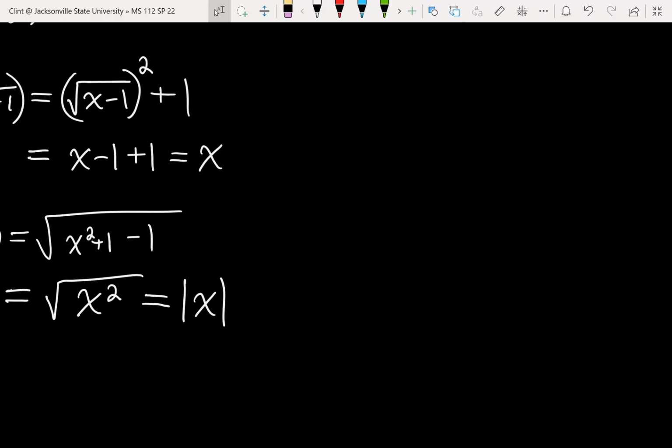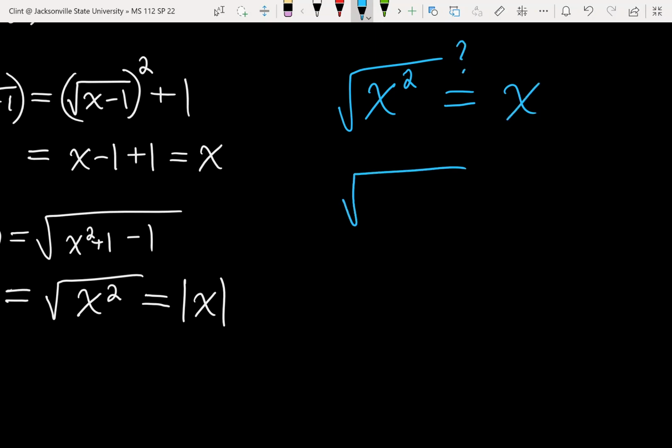That's not always true. Usually what's going on in the background that sometimes the teacher doesn't talk about is we can pretend all of our x values are positive, and then square root of x squared would be x. But think about this. We're checking, does square root of x squared equal x? So what if our x is negative 1?